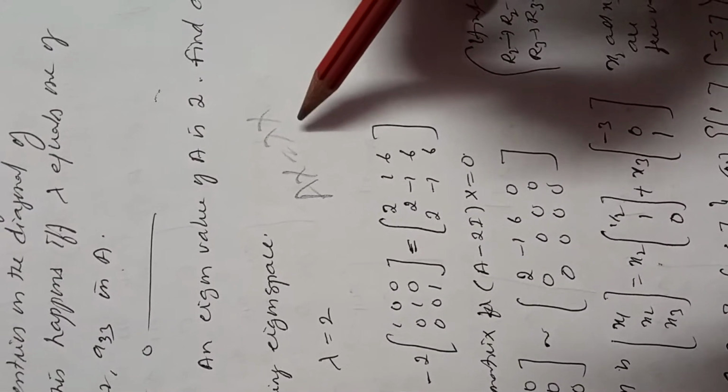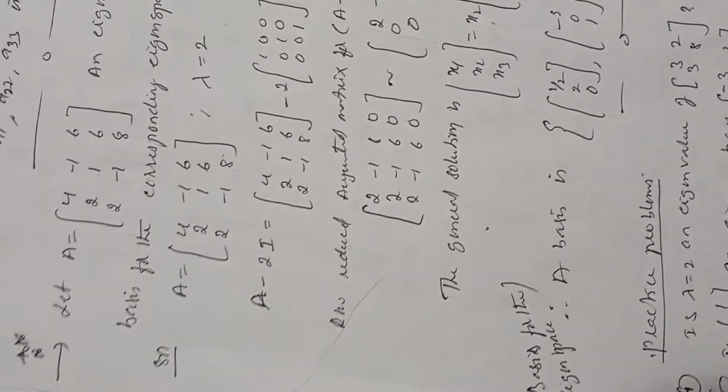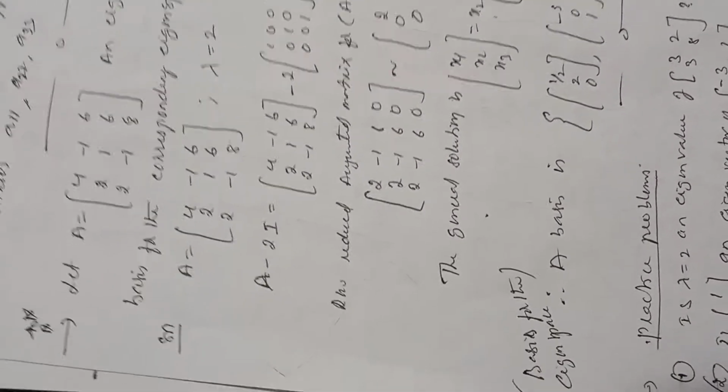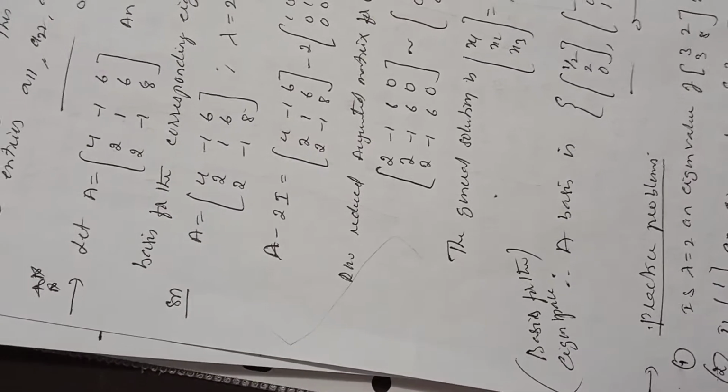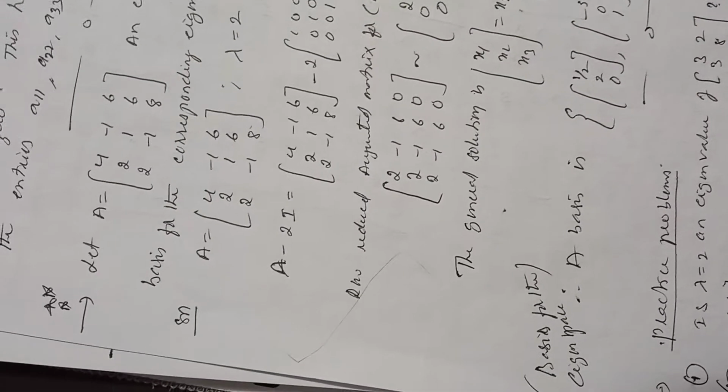Ax is equal to lambda x, then lambda is said to be an eigenvalue. Here Ax is equal to 2x, so 2 is the eigenvalue. See, we calculate A minus 2I. After calculating, we have to solve those equations, no? Right. Now the augmented matrix for A minus lambda I after simplification.